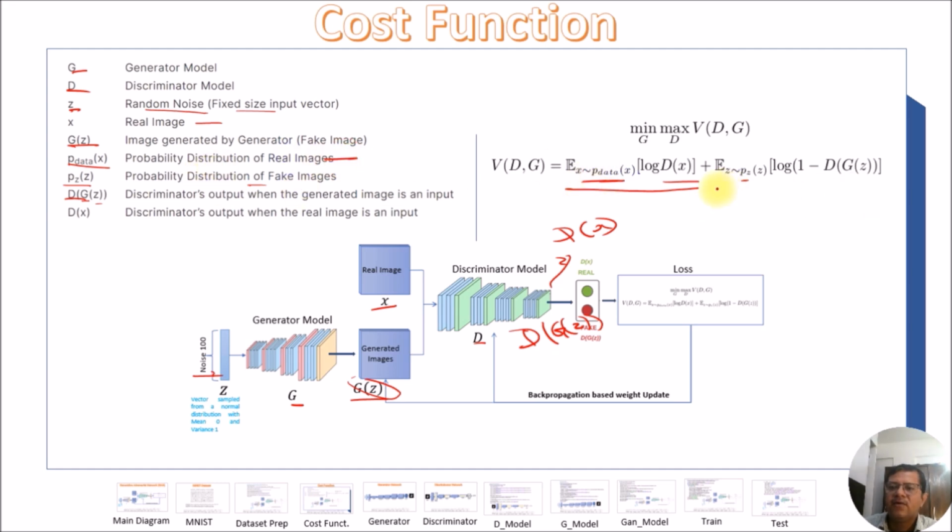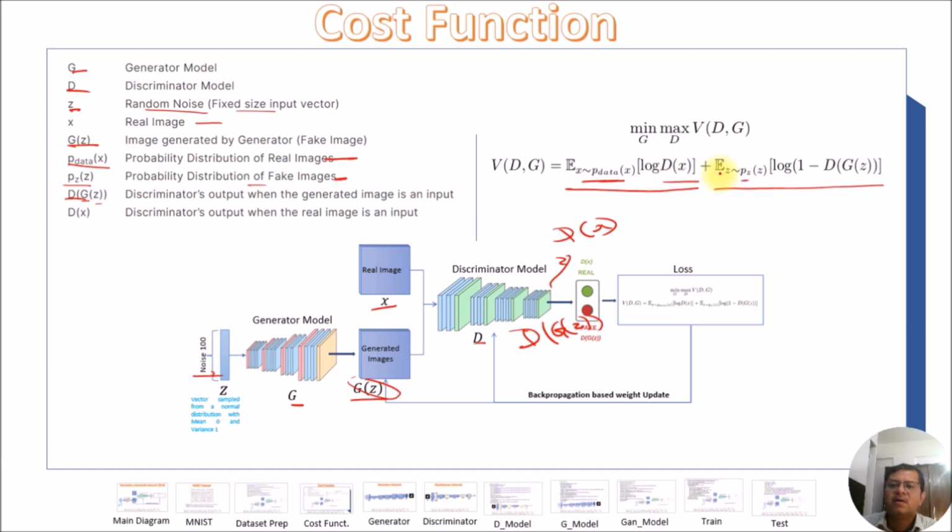Similarly, we read this part as the expectation of log(1 minus D(G(z))), where z is sampled from the probability distribution of the noise input.